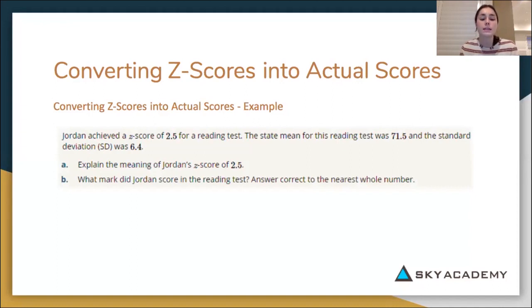Jordan achieved a Z-score of 2.5 for a reading test. The state mean for this reading test was 71.5 and the standard deviation was 6.4. So the first thing I'm going to do is write down my formula. And I'm going to write down what I know.